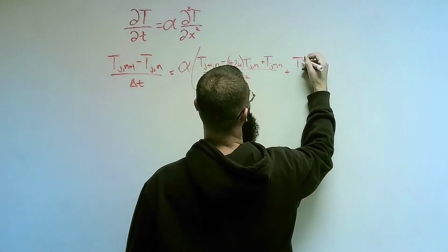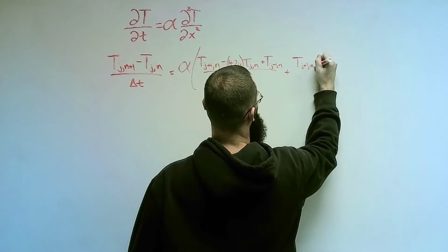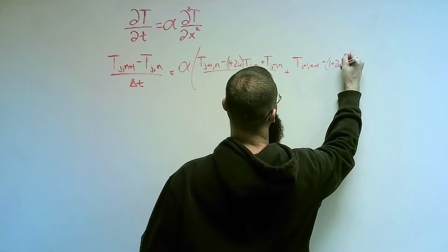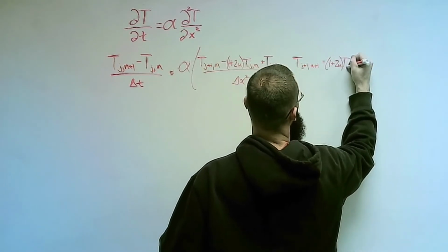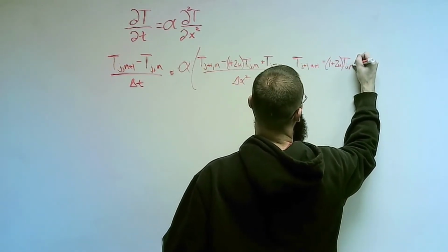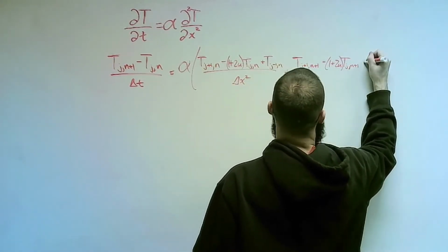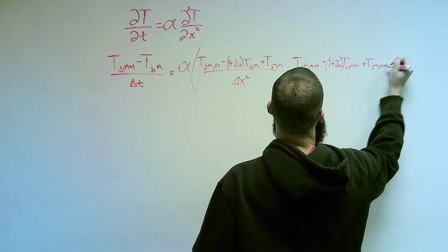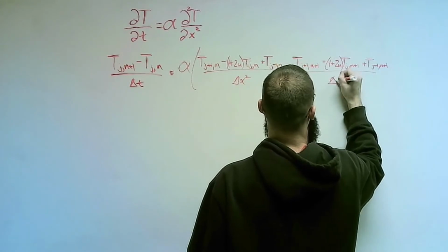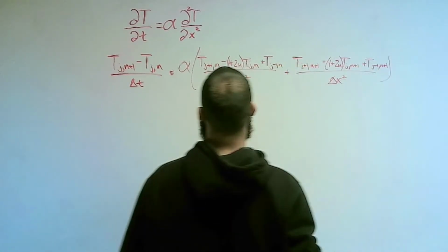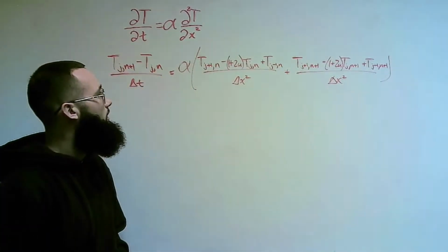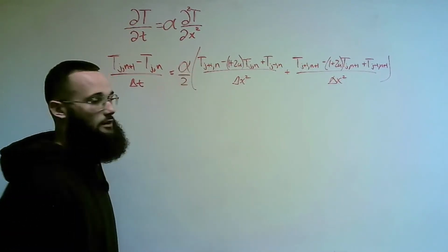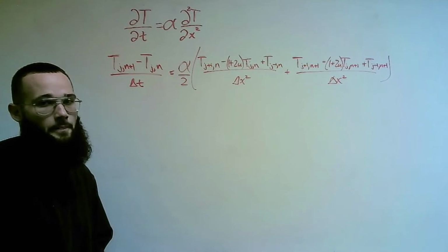That gives us (T_(j+1)^(n+1) - (1 + 2u) T_j^(n+1) + T_(j-1)^(n+1)) all over delta x squared. And since we're taking the average of these two, we need to divide by 2. So I'm going to go ahead and put that out front.